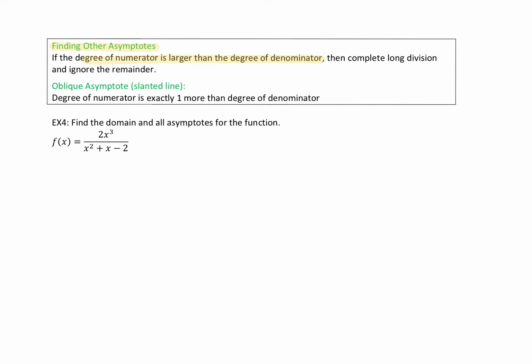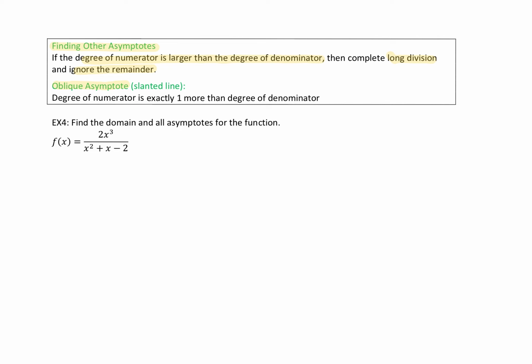So in the event that top is larger than bottom, then do long division and ignore the remainder. So here's a note. If the degree on the top is larger than the degree on the bottom, there will not be a horizontal asymptote. However, there may be a different asymptote, such as what's below, which would be an oblique asymptote.